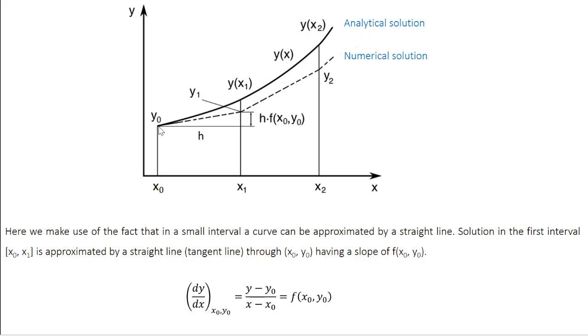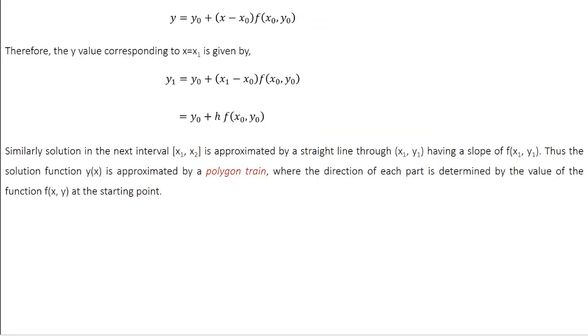So you find the slope at this point and this point, take the average of these two slopes, and that will give you a much better approximation. This is what we will be doing in the next class when we discuss the Runge-Kutta method. In the Runge-Kutta method, you are calculating slopes at multiple points, whereas in Euler's method, you calculate slope only at a single point. That's the fundamental difference.